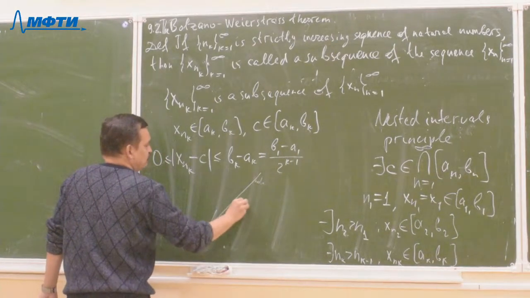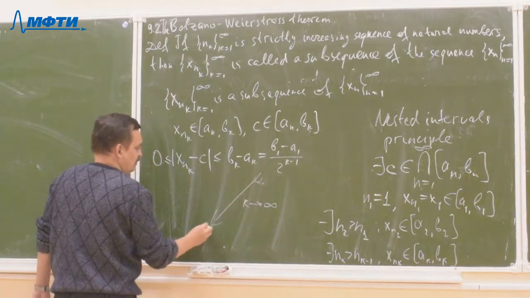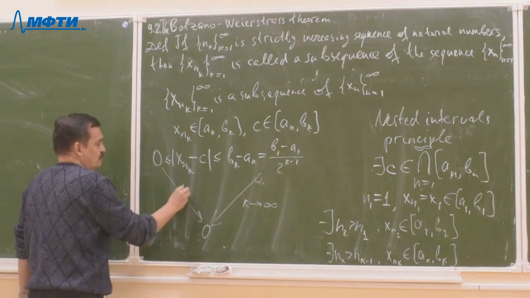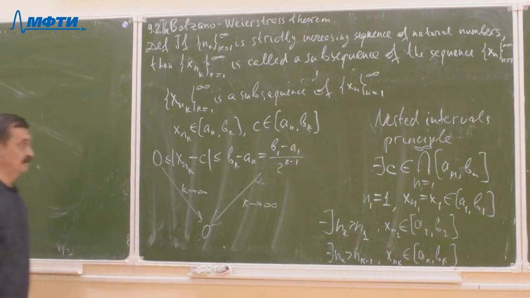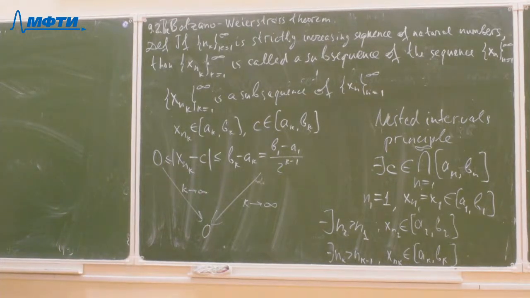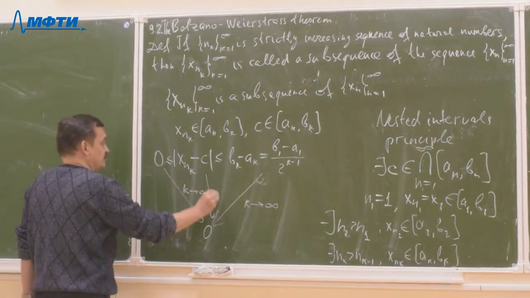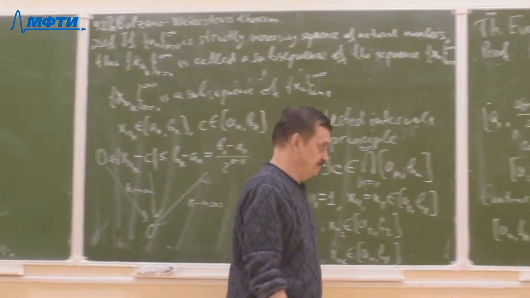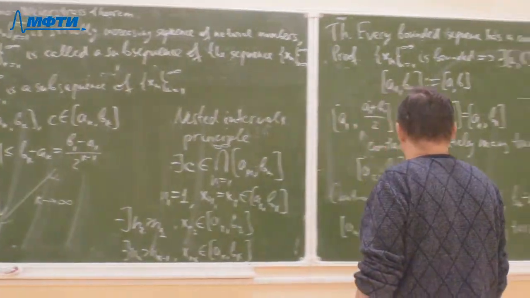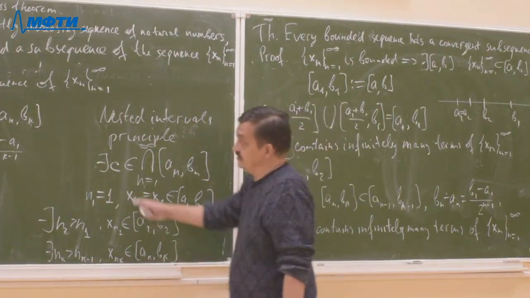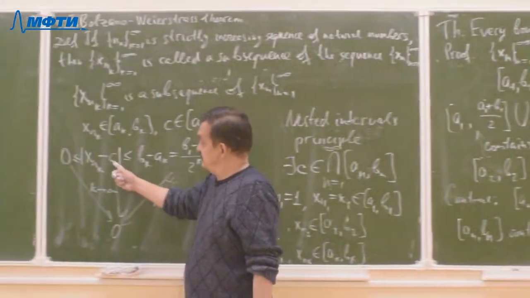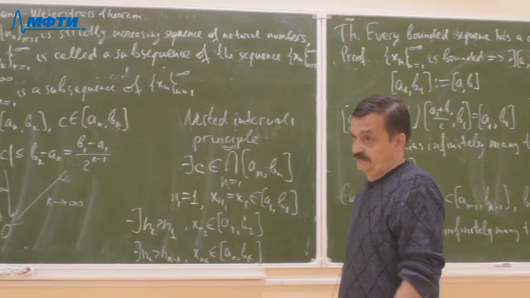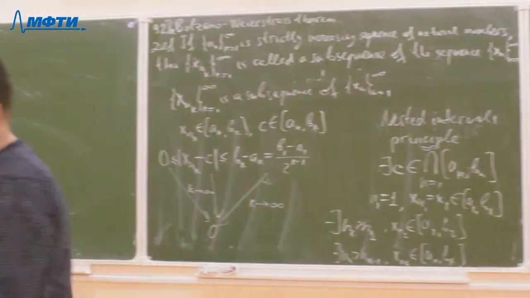As k goes to infinity, the right hand side goes to 0 and the left hand side, as a constant sequence, also goes to 0. So the two policemen theorem guarantees that x_nk tends to C. And that is done. We have constructed a subsequence which has the limit C, so it is a convergent subsequence. The proof is completed.